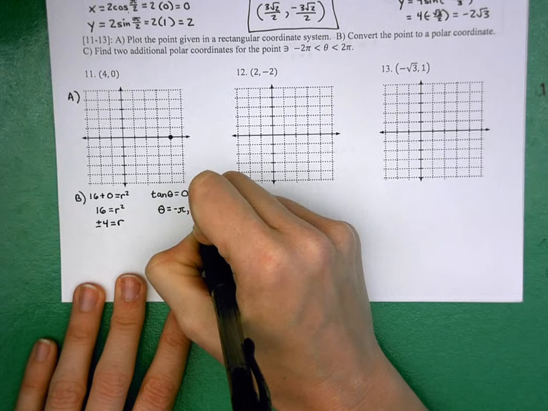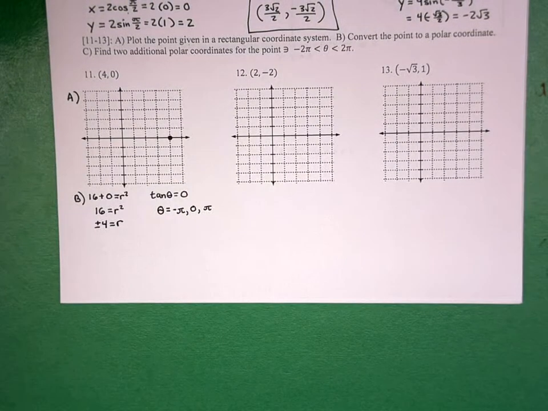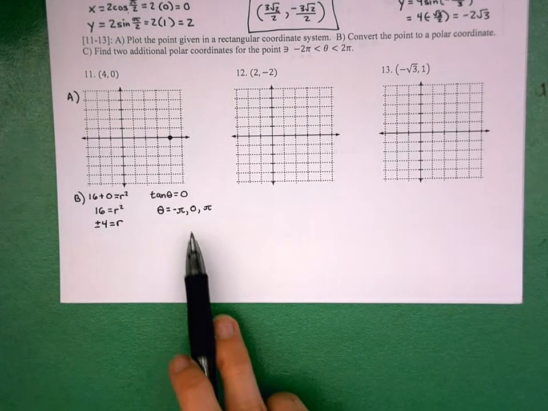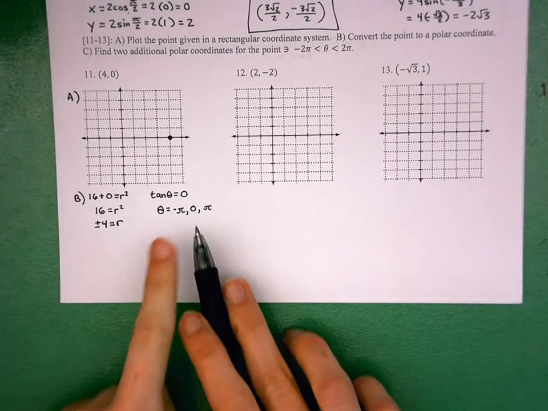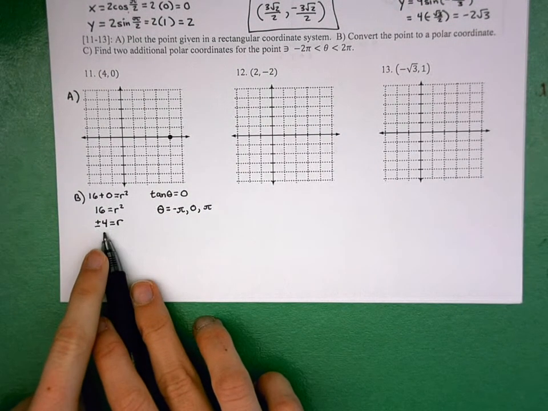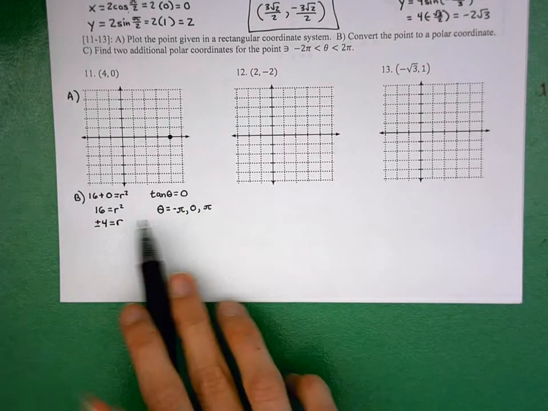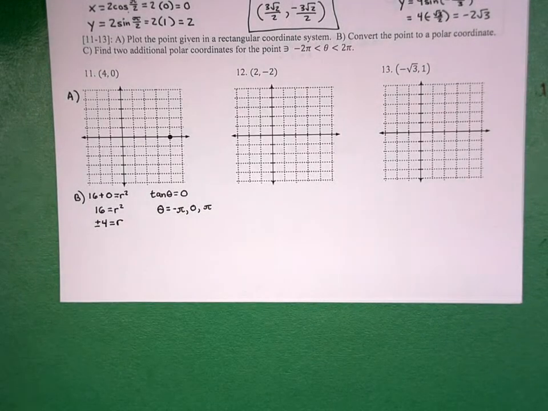All 3 of those angles, when you do sine divided by cosine, you get 0. Tangent is 0. And so all 3 of those angles work, and this is the importance of recognizing that when you square root, it's plus or minus r, because depending on what angle measure you use, the r is going to change.